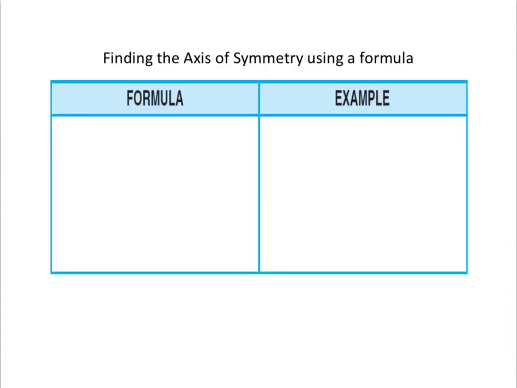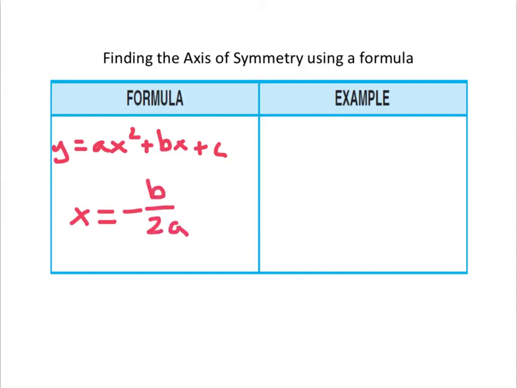When we have to find the axis of symmetry using a formula, it's actually pretty easy. We know that a quadratic equation can be written in the form y equals ax squared plus bx plus c. The axis of symmetry is the vertical line that passes through x, and that x value is equal to negative b over 2a.